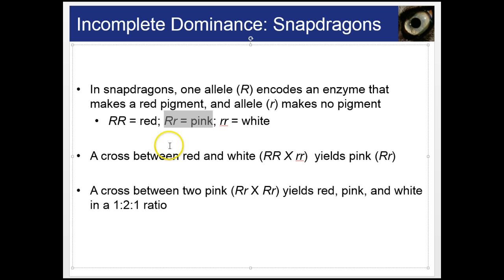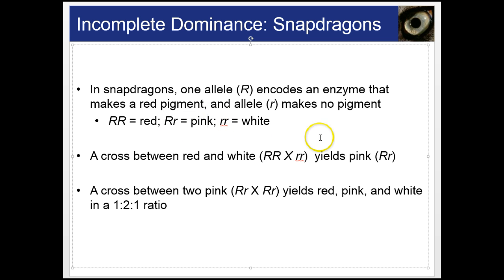Many other books sometimes use all capital letters to do these types of problems, so the red would be big R and white would be big W, because neither of these is recessive. They're both incompletely dominant. So then the heterozygous condition would be RW and would be pink.